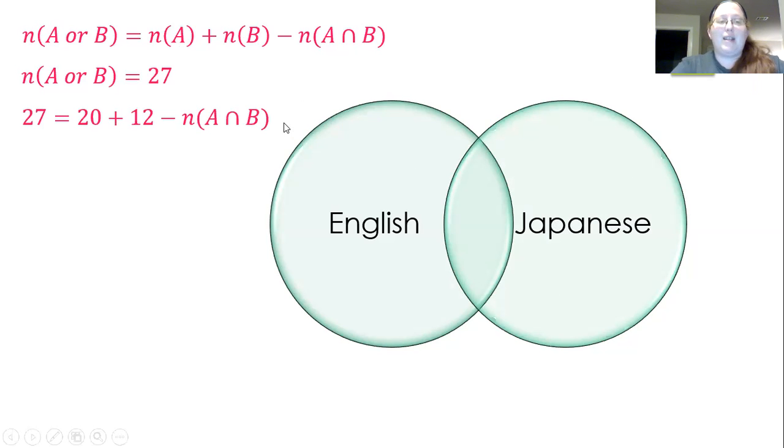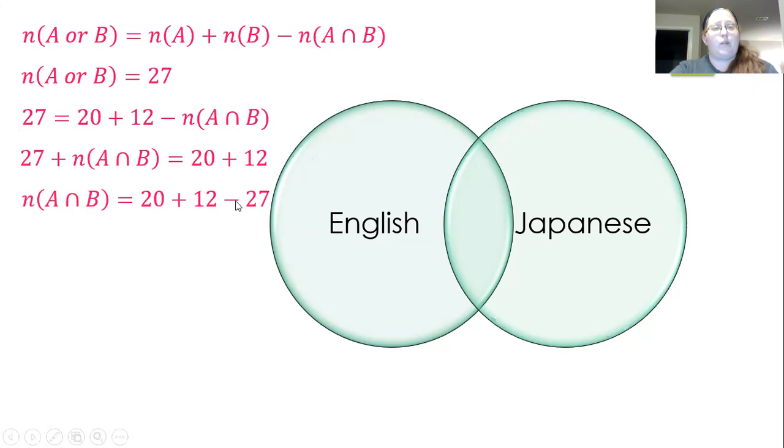We want to know how many speak both. Since we're looking for how many speak both, this part of the equation needs to be on the left side, so we add it to both sides. Now we need that 27 to be over on the right side. And so we have 20 plus 12 minus 27. So we know that 5 students speak both English and Japanese.